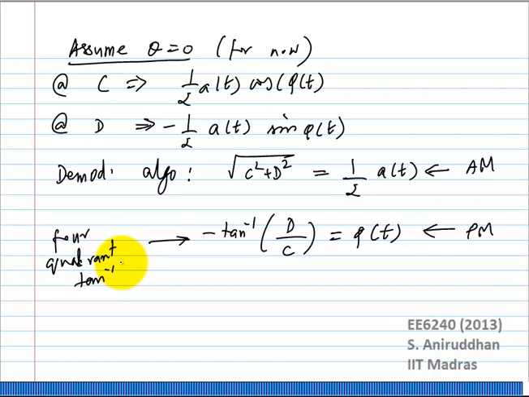So once you have extracted the signal amplitude and phase, what do you do next? Well, you probably need to go ahead and digitize it, right?